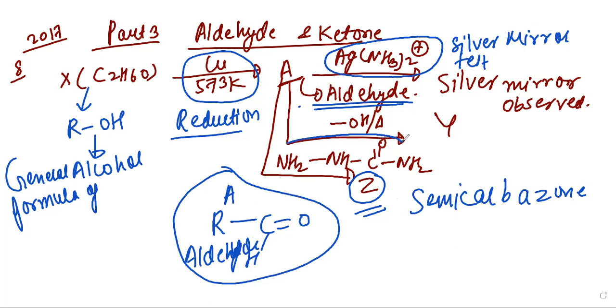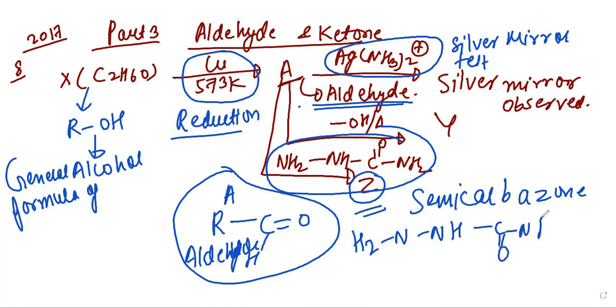And when it reacts with this, which can be written as H2N NH C=O NH2, the H2 and O come together and this N forms a double bond with the carbon.